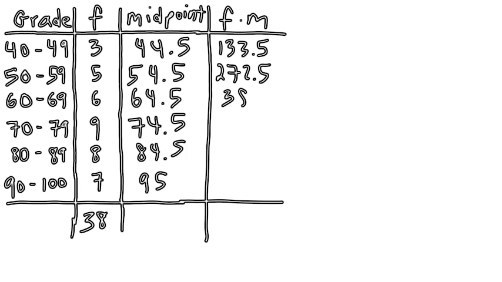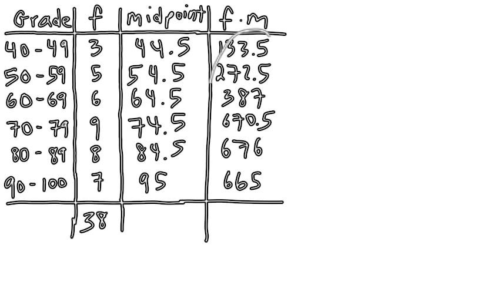So that's going to be 387. And then 9 times 74.5, which is 670.5. And then 8 times 84.5, that's 676. And finally, 7 times 95 is 665.